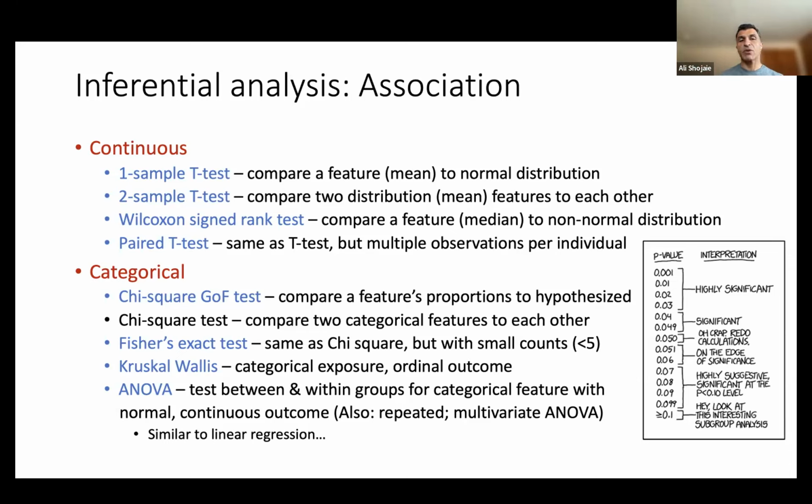And there are various flavors of ANOVA that basically test between and within group means and variability for categorical variables. And these are very similar to linear regression, so I'm not going to talk a lot about these.